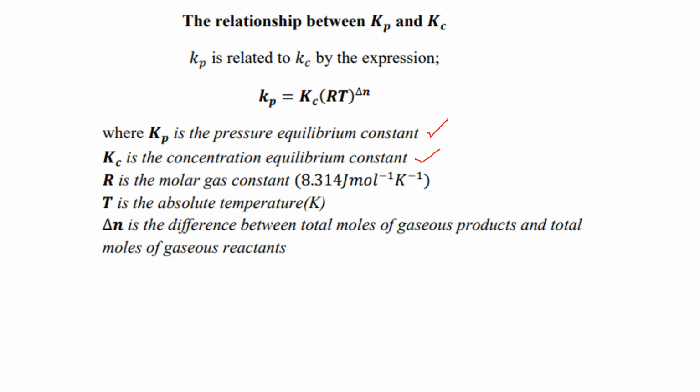R is the molar gas constant, which is 8.314 joules per mole per Kelvin. T is your absolute temperature, measured in Kelvin. And delta N is the difference between the total moles of gaseous products and total moles of gaseous reactants. So you have to pay attention to that.